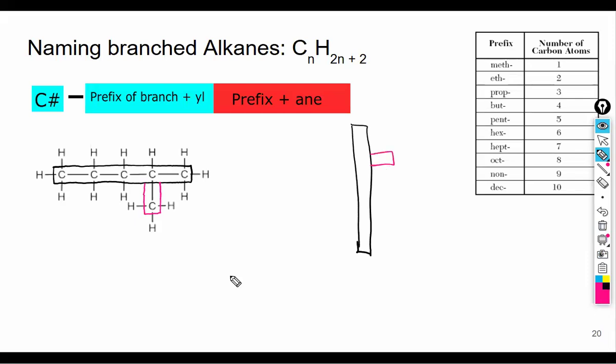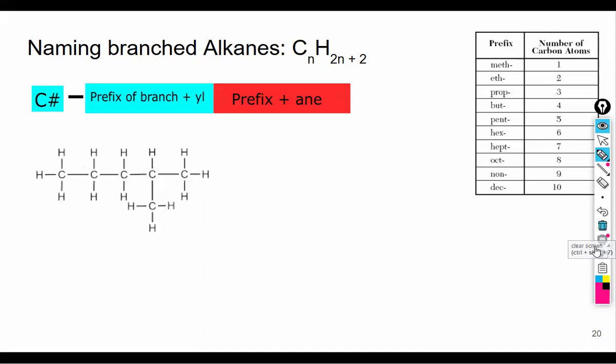So this is what you call branched alkanes. And I can prove to you this is still an alkane. It's just a branched alkane. How many carbons do we have? 1, 2, 3, 4, 5, and you can't forget him, 6. The one on the branch is 6.